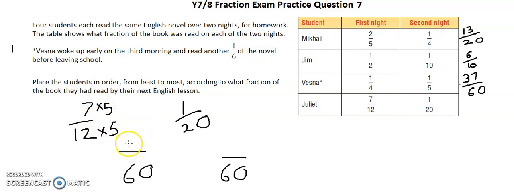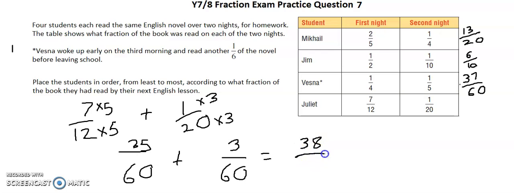So 7 times 5 is 35. Likewise, with my 20, I would have times it by 3, so I'm timesing my numerator by 3. 1 times 3 is 3. That gives me 35 plus 3 equals 38 over 60.